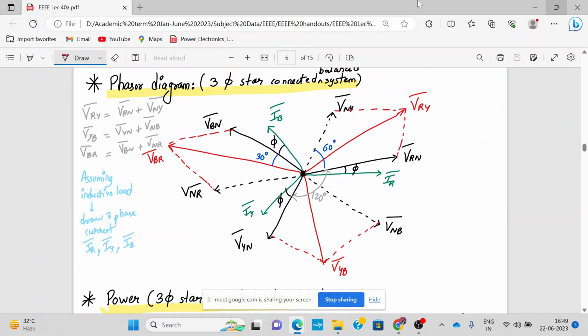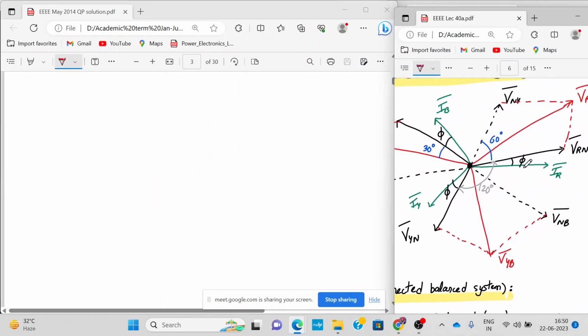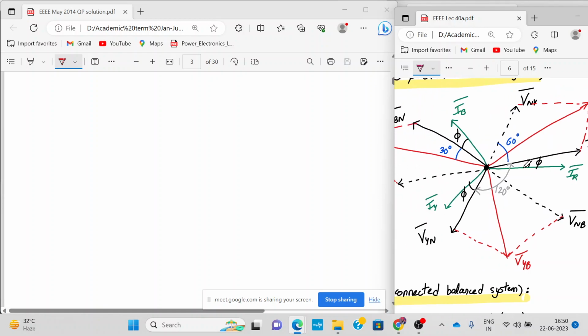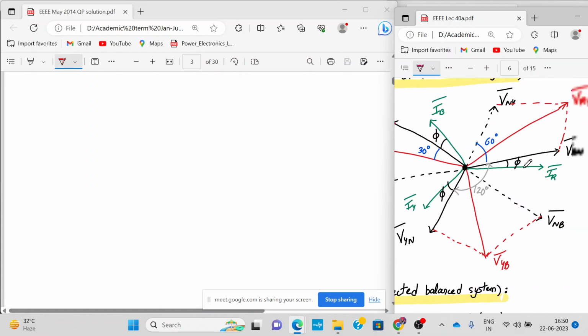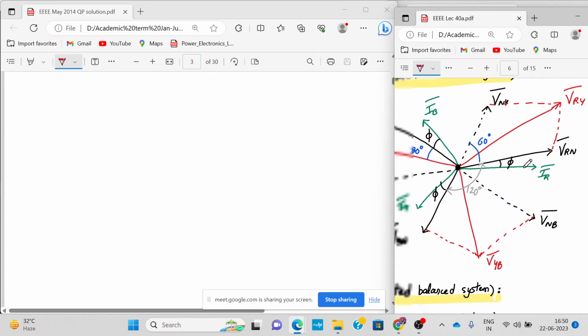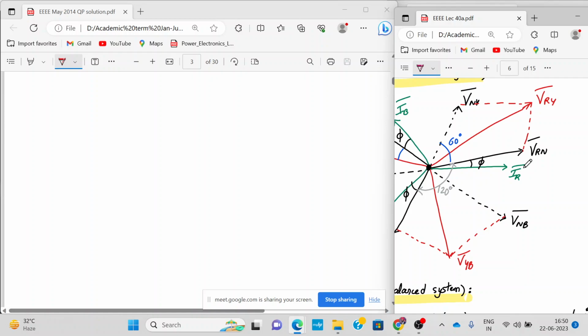So what will be your starting point? Your starting point will be drawing the phase voltages. You cannot determine the line voltages' phase difference between them right now. You know the phase voltages.